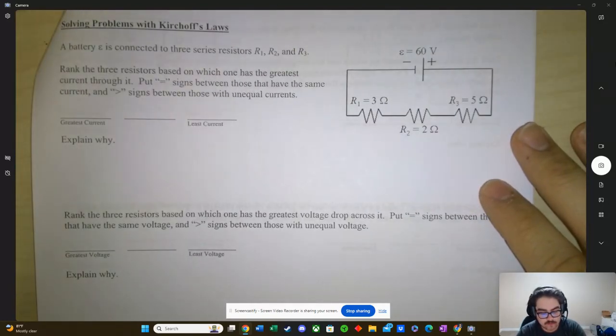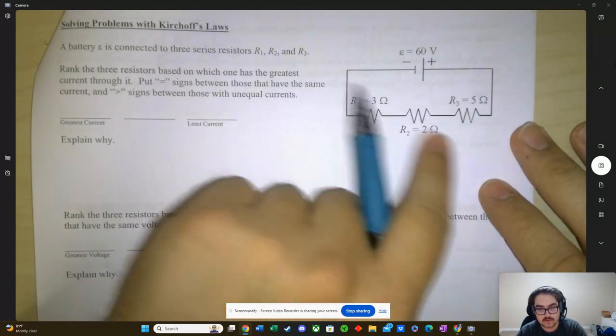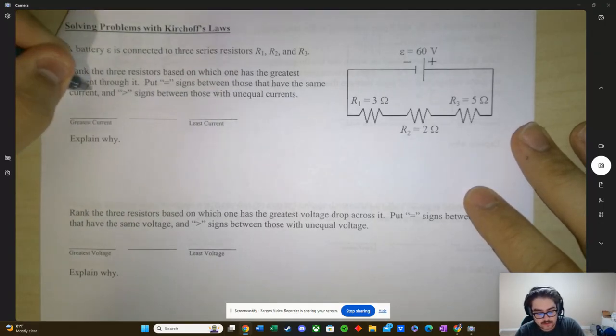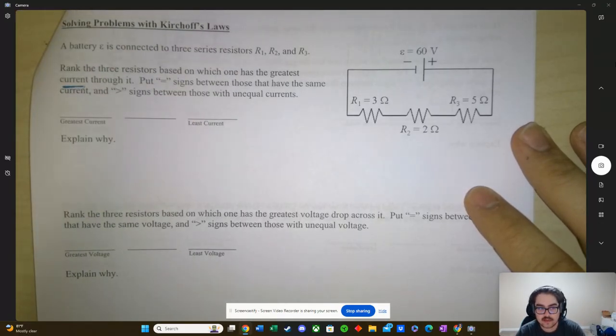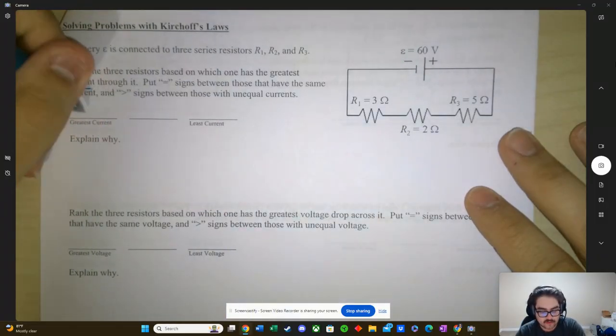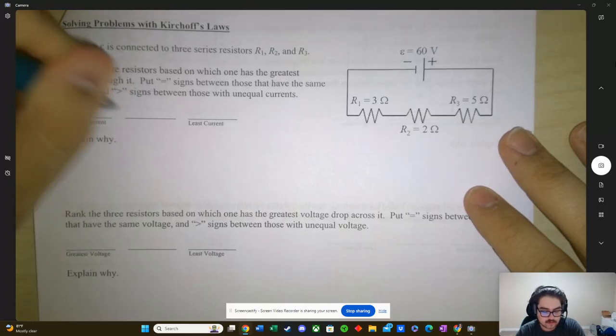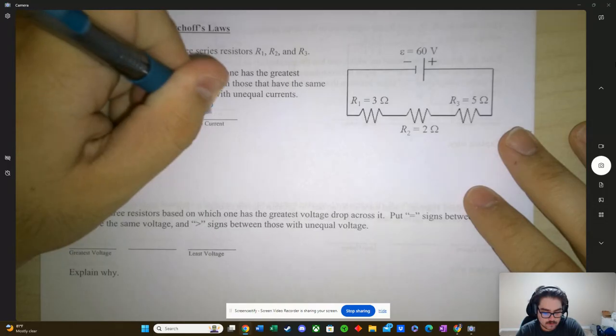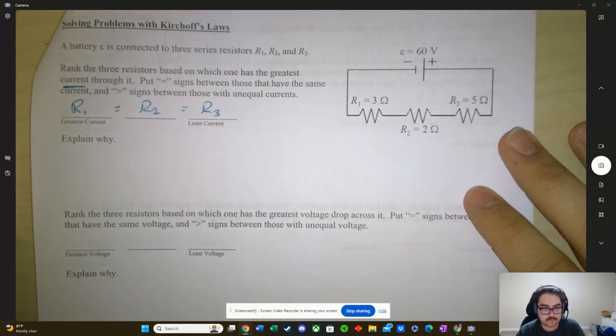First and foremost, we're going to look at your resistors, and your resistors are all in series. It's asking about current, and you should know that everything that's in series with each other has the same current. So all the resistors are in series with each other, therefore they should all have the same current going through: R1 equals R2 equals R3.